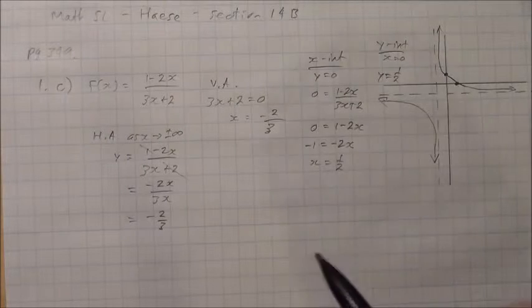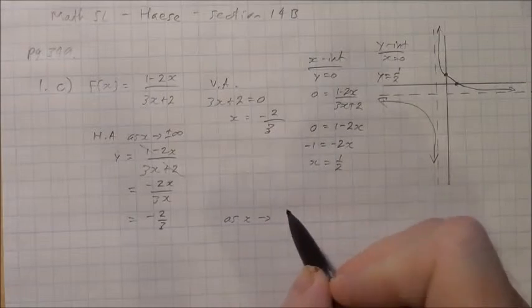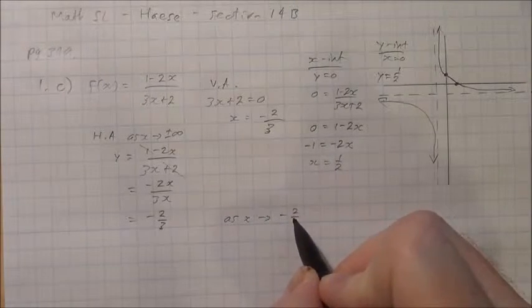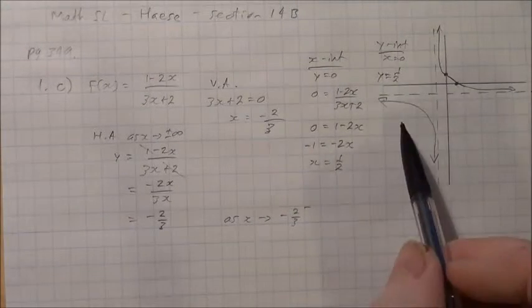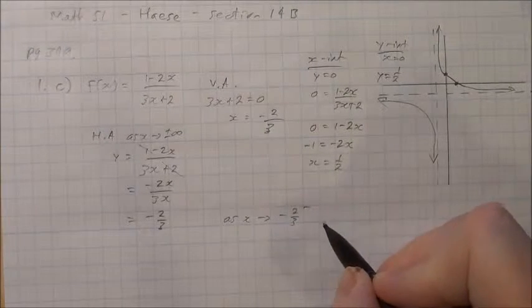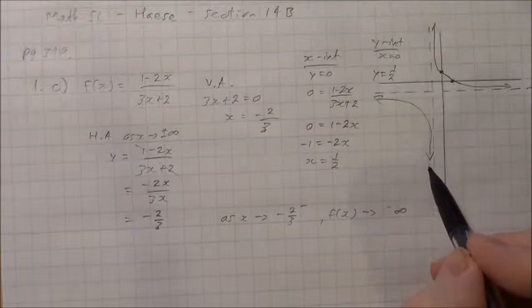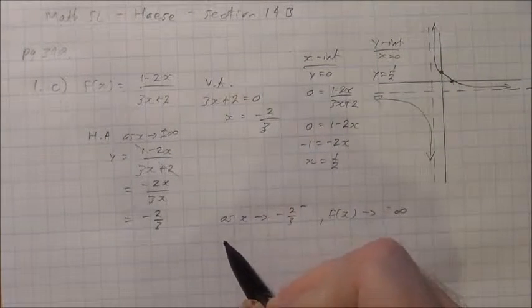So I would have to say that as x approaches negative 2/3 from the left, f of x approaches negative infinity because it's going down to negative infinity there.